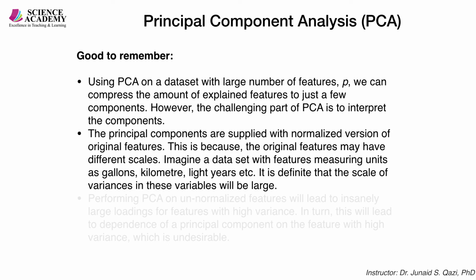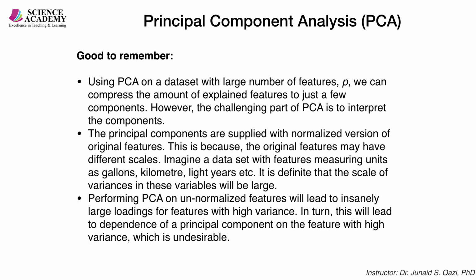The principal components are supplied with a normalized version of the original features. This is because the original features may have different scales. Imagine a dataset with features measured in units such as gallons, kilometers, and light years. It is certain that the scale of variance in these variables will be large.